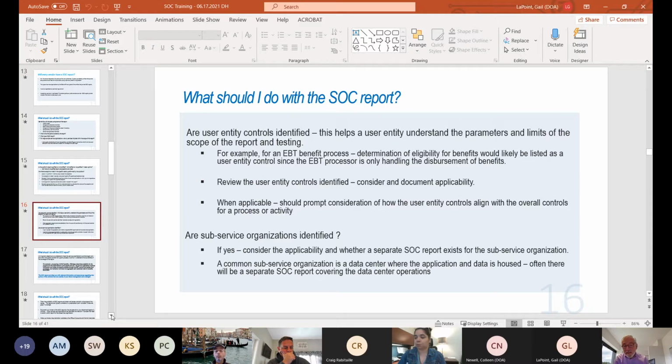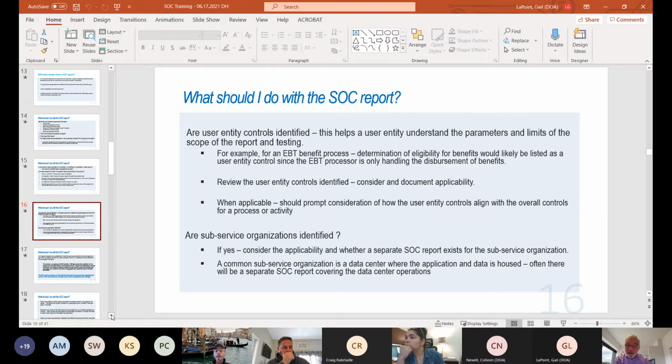This really gets to the comprehensive understanding of where your controls interface with the service organization, and whether you've collectively, from beginning to end, got a control structure in place that meets your objectives. And subservice organizations, if they're identified, then you need to consider the applicability and whether a separate SOC report exists for the subservice organization. One that comes to mind quickly is the Medicaid Management Information System.